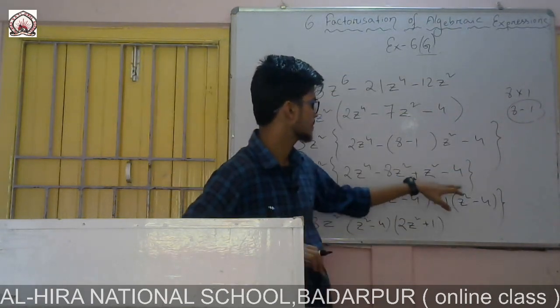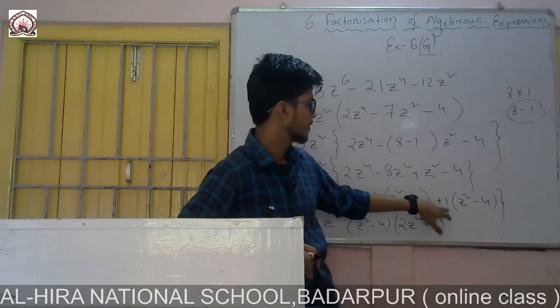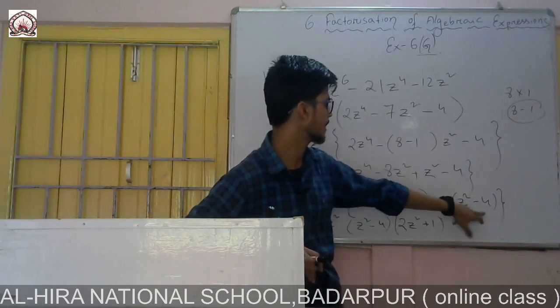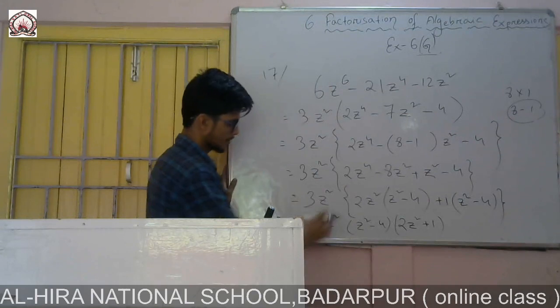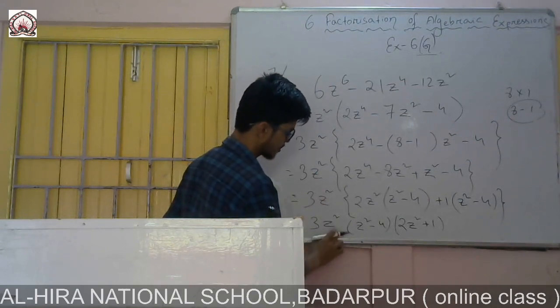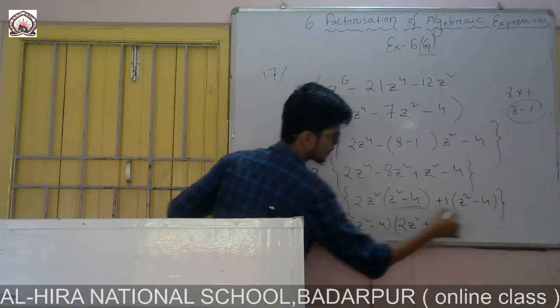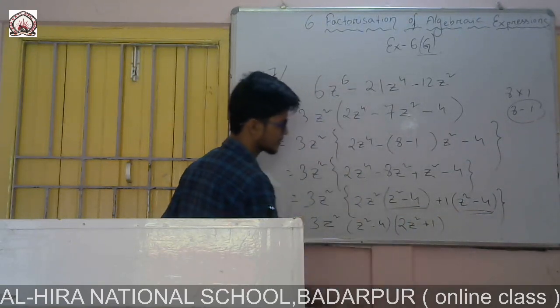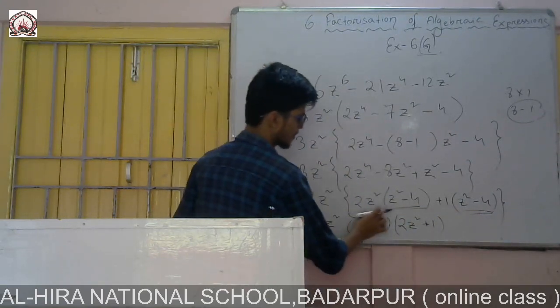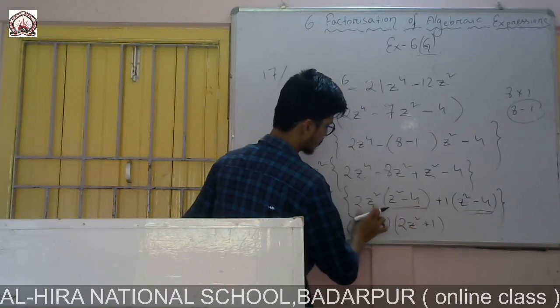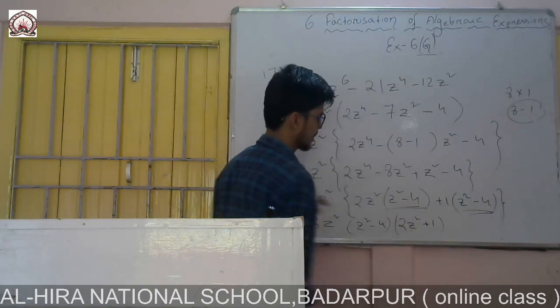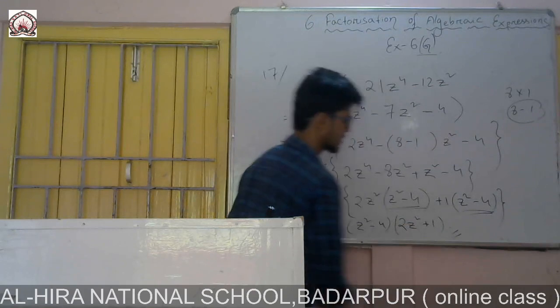Then at last there is nothing common, so I took 1. After taking 1, they are left z square minus 4, and at last you see this is the common 3z square. After writing this one, I have z square minus 4 here also common, so simply I wrote this one z square minus 4, and at last after taking this one common, only 2z square and there plus 1 left, so this is the end.